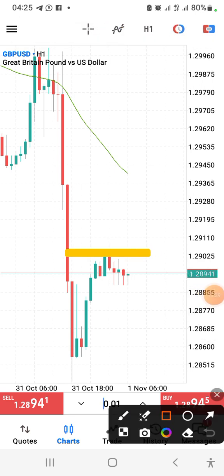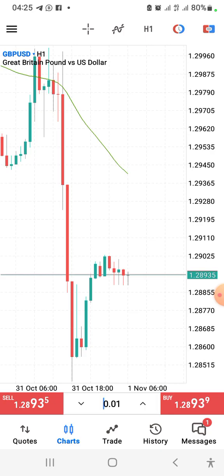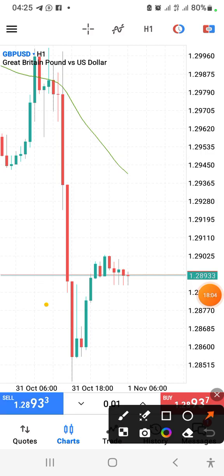So here is our area to place our stop loss. That is the zone. So if you are selling here, you are targeting this area or this area. So watch out to see the next, because the moving average is telling us that we are to sell.